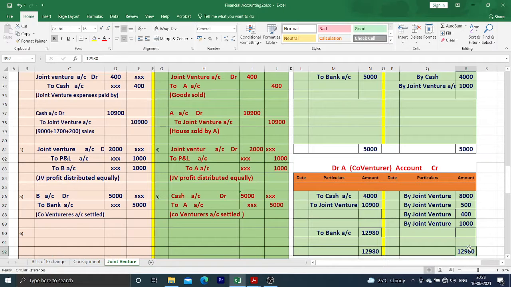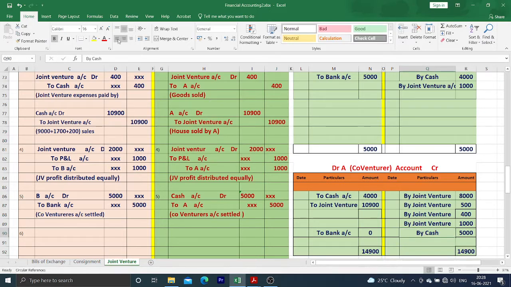The payment received is by cash 5,000. It's 14,900. 14,900. Tallied.